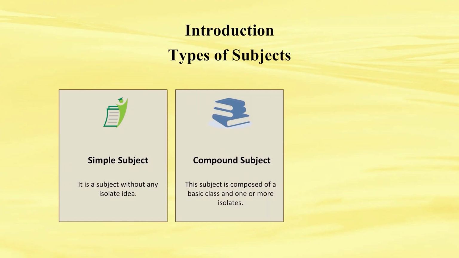The second one is the compound subject. Here a main class comes with one or more isolate ideas, for example Journal of Sports or Handbook of Library Science. Here journal and handbook are isolate ideas, whereas sports and library science are dedicated as a subject or class in the Dewey Decimal Classification.